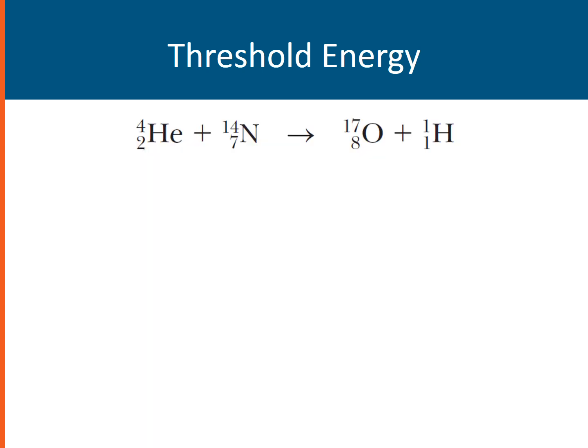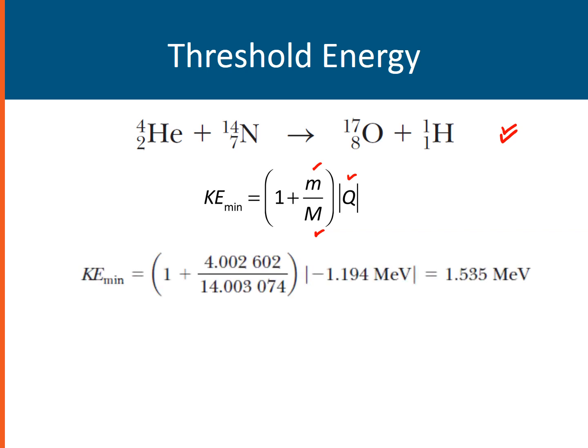So let's look at our previous equation and solve for the threshold energy for this particular nuclear equation. We have Ke minimum, or the threshold energy, equal to the quantity of 1 plus the mass of the incident particle divided by the mass of the target atom, multiplied by the absolute value of the Q value. Let's substitute the values.